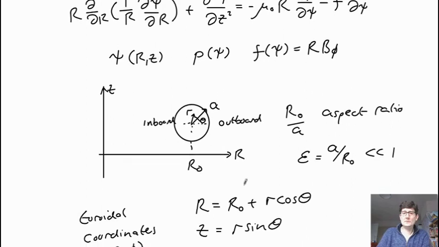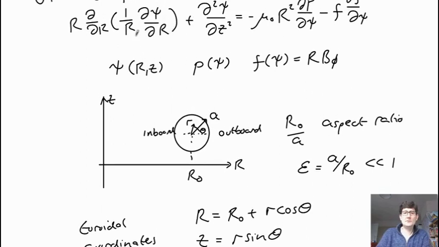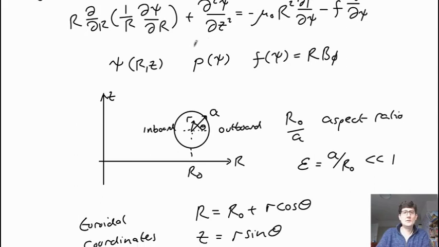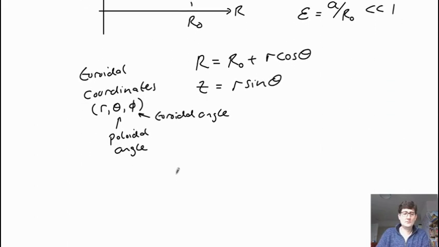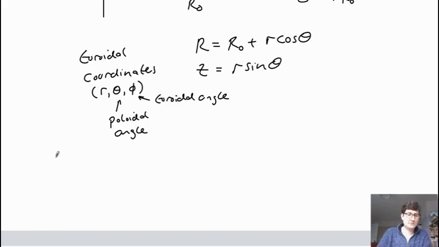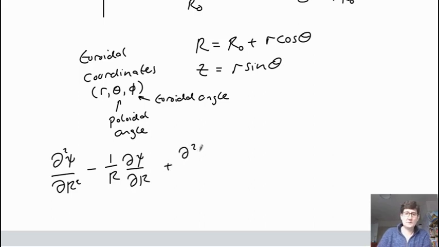So we can use this to essentially rewrite the Grad-Shafranov equation, and so let's do that. The first term just becomes a d2 psi by dr squared term, and then because we have a 1 over r inside, we end up with a minus 1 over r d psi by dr. The second term is just unchanged, so we keep the d2 psi by dz squared, and we have the same terms here, so we have mu naught r squared.